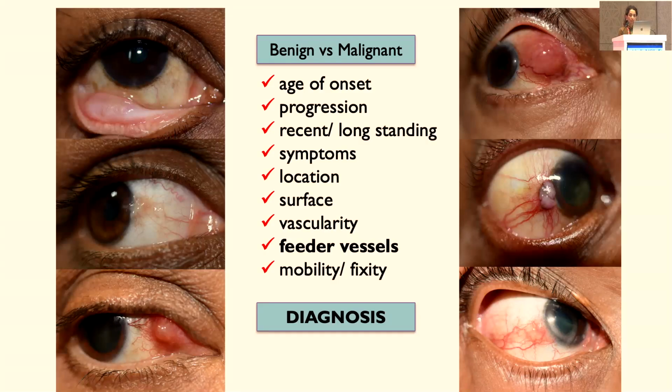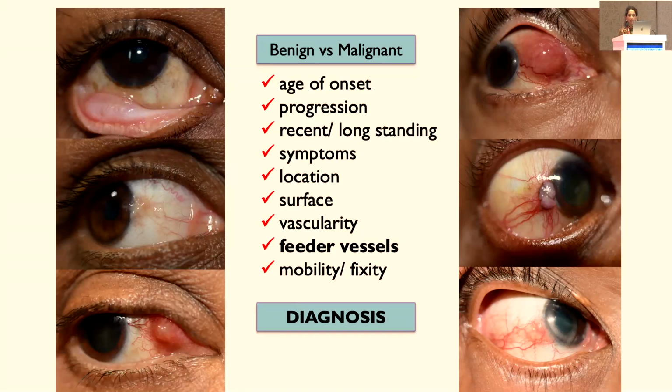Symptoms, location, surface, vascularity. Vascularity and feeder vessels I would combine together, and that actually is the biggest clue in differentiating a benign from a malignant lesion, because we all know for a tumor to grow to its size rapidly, it needs oxygen. For oxygen, it needs blood, and for blood, it needs these large vessels, which are called the feeder vessels.